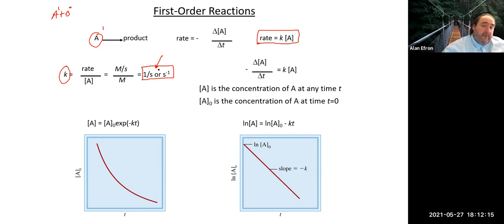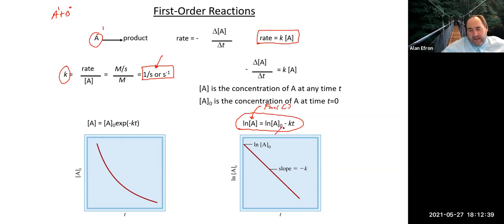Why is that important? Well, when we want to figure out something like how the concentration is changing with time, we have this concentration and time dependent rate law, which is sometimes referred to as the integrated rate law. This A is your final concentration.